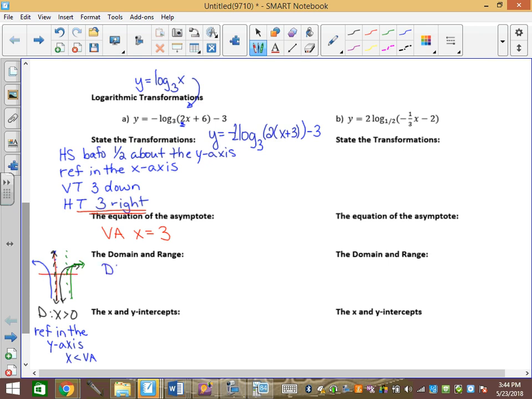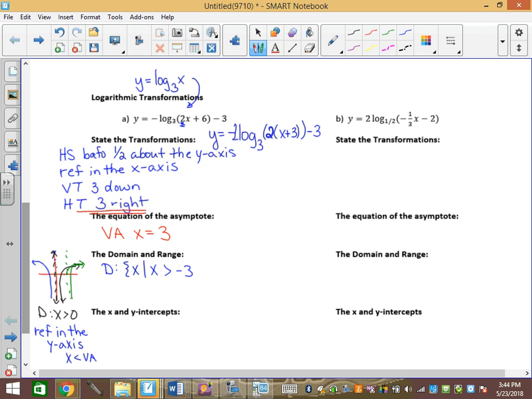So the domain of this graph is x such that x, is it going to be greater or less? Well, we have to check. Is there a reflection in the y-axis? If there's a reflection in the y-axis, there'd be a negative in front of this 2. Is there? No. So there's not a reflection in the y-axis. So it's going to be greater than. It's not going to be less. It's going to be greater than my vertical asymptote, which is negative 3.